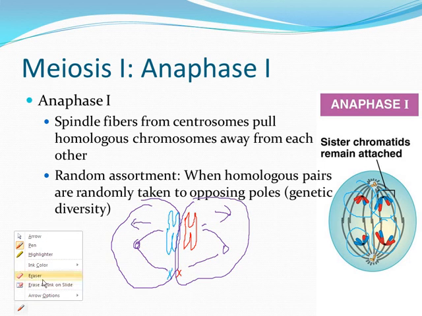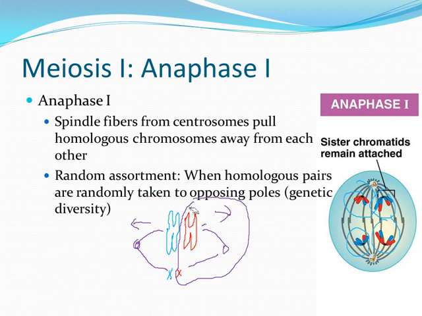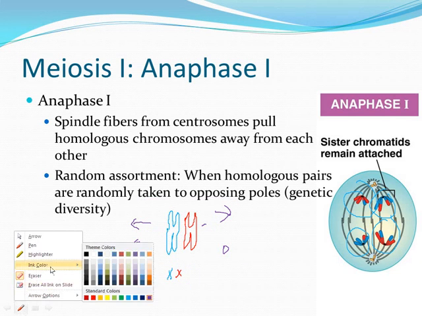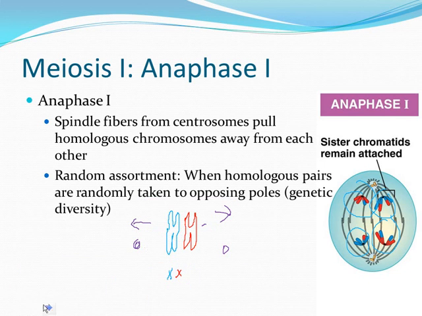However, I could also say that this can pull this one here, while this one pulls that one. This one pulls this one here. And now we have a different combination.